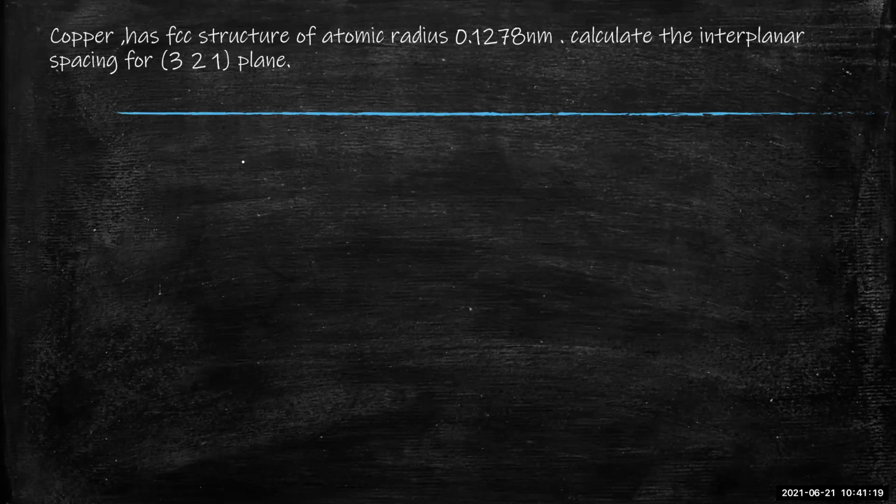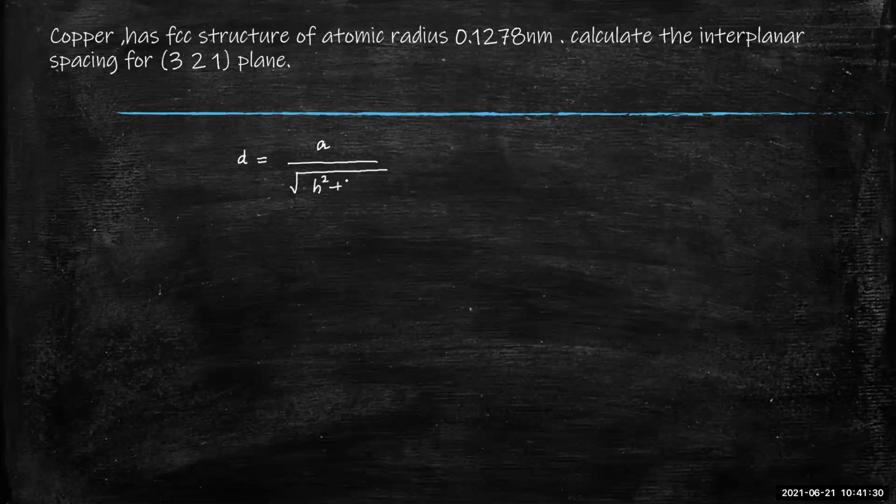Here, the expression for D is equal to A divided by root of h square plus k square plus l square. But here A is unknown. A is equal to 2 root 2 R for FCC. In this FCC structure, A is equal to 2 root 2 R.